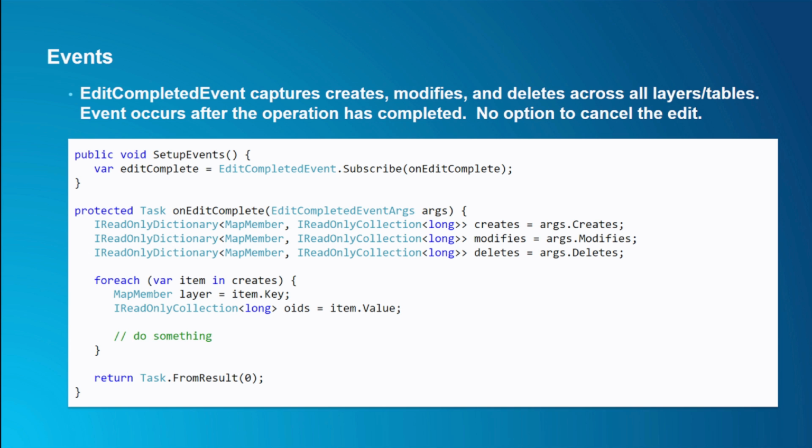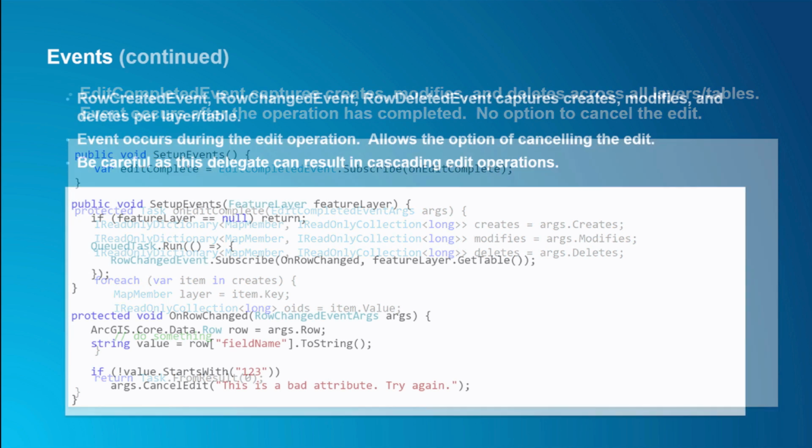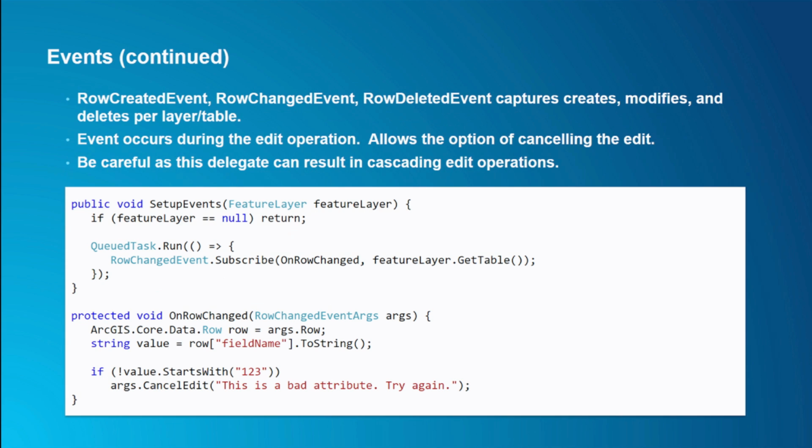As opposed to the second type of event that happens during the edit operation. So think of these events as you're being inserted into the edit operation itself. They are slightly more granular. You can subscribe to specifically only the rows, the creates, modifies, and or deletes.